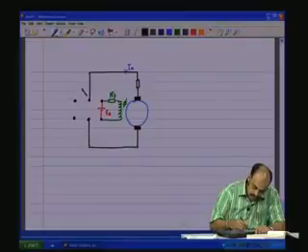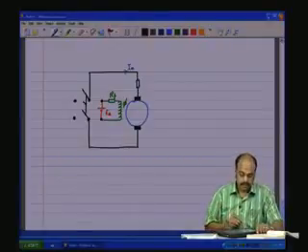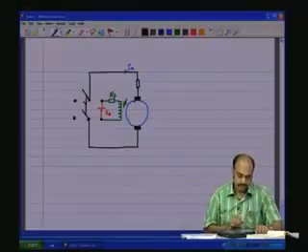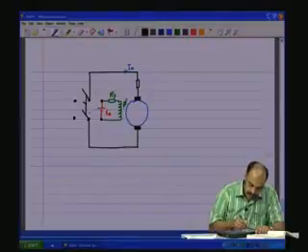Now, I am going to have a double pole, double throw switch. This is a double pole, double throw switch. Let us give some names.